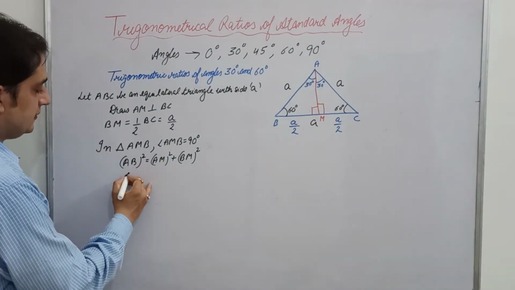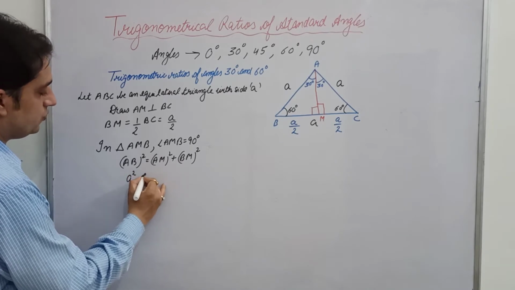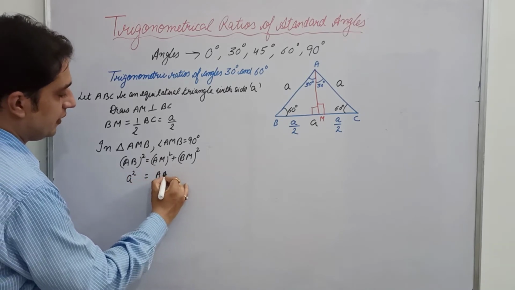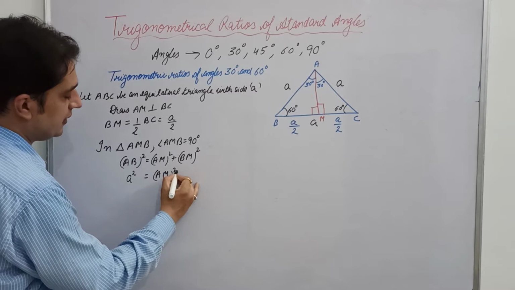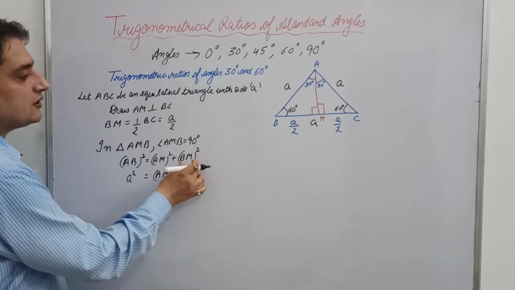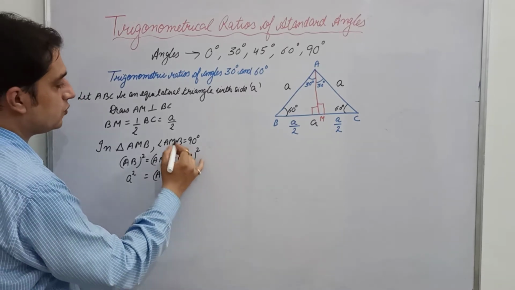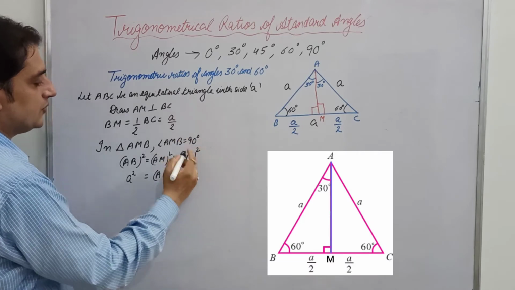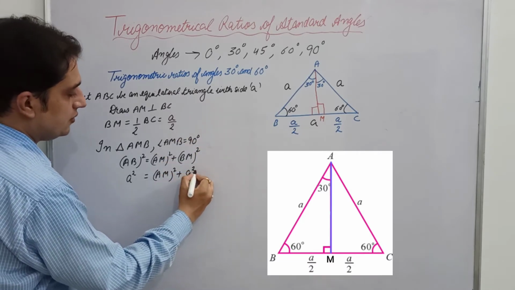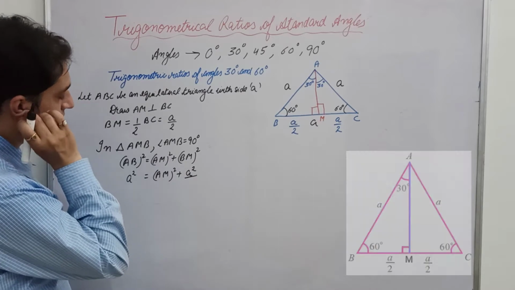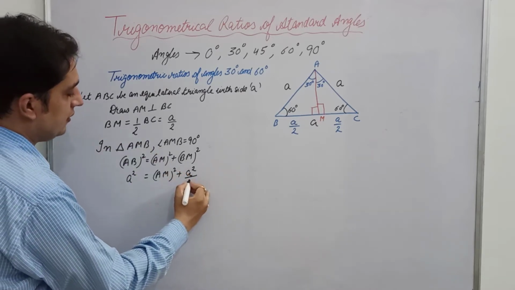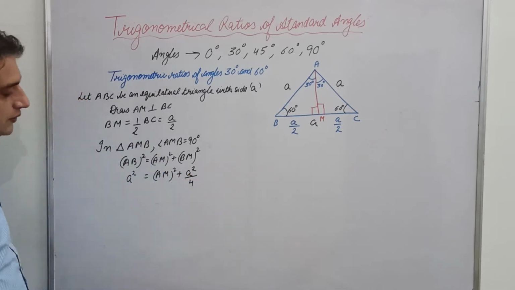AB is A, so it becomes A square. AM is unknown, so AM square as it is, plus BM, which is half of side BC, that is A by 2. Here the square is there, so numerator square is A square and denominator square is 4.